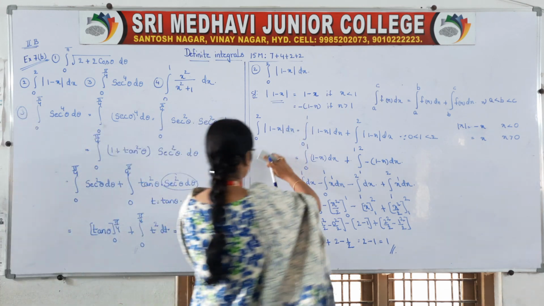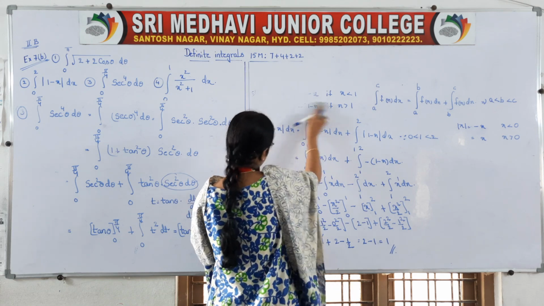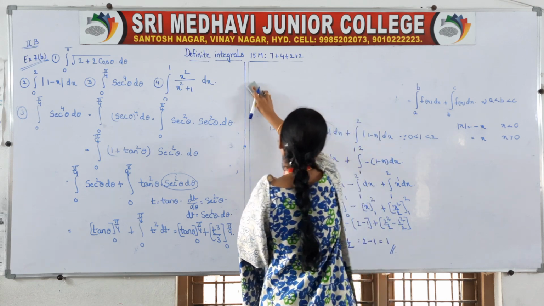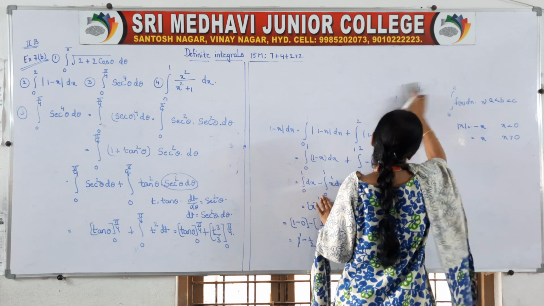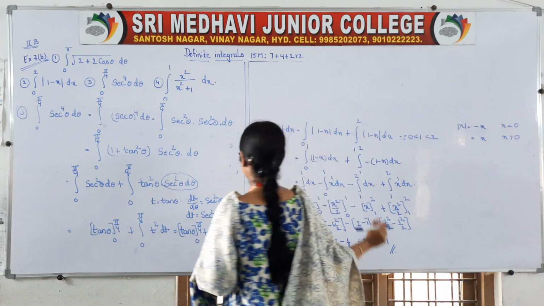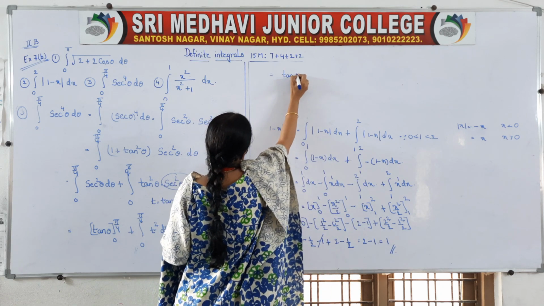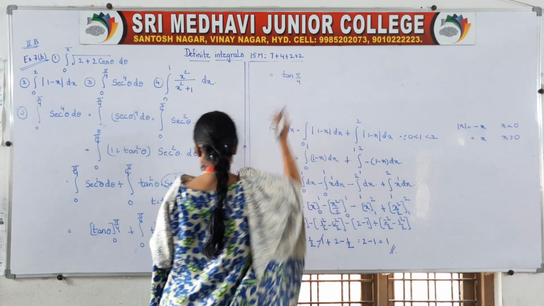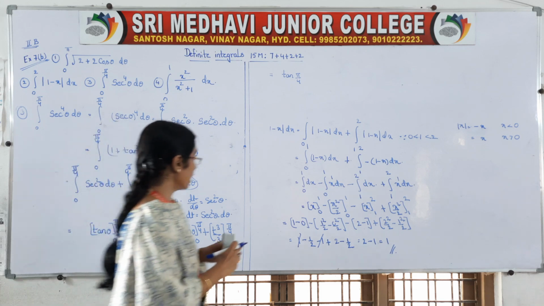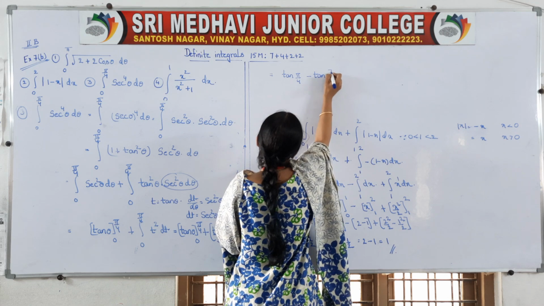Okay, so now you substitute the limits. Once you have got the problem, you have to substitute the limits. So in the function, wherever x is there, first you substitute the upper limit, then you substitute the lower limit. So we can substitute tan pi by 4 in theta place, first the upper limit, then the lower limit minus tan 0.